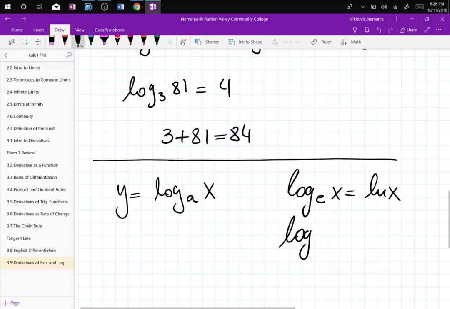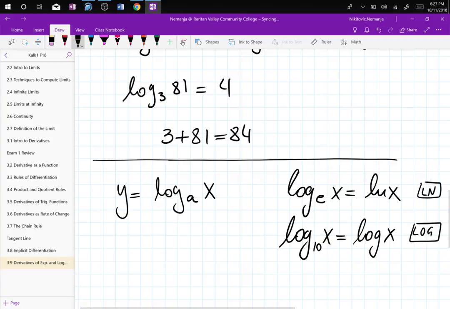And then we have another special log where we have no base, and that's base 10. These are your ln button and log button on a calculator. That's all it is. So ln is always with base e, and log without a base is always log base 10.